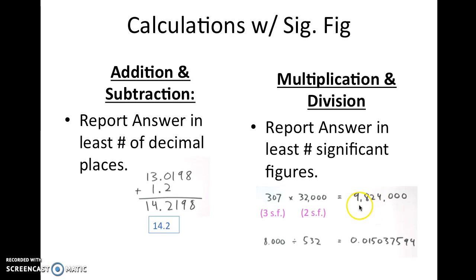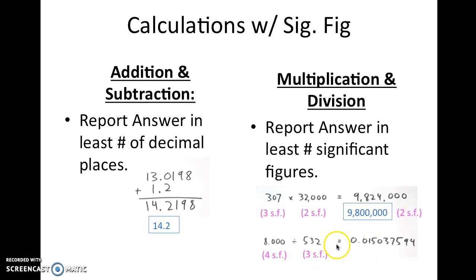Now here's our answer. This is the complete product. But we're going to cut it down to just 2 sig figs because that's how we need to report our answer. And so now our final answer is 9,800,000. Notice that all of these non-zero digits we just replace with zeros to get it to be 2 significant figures.